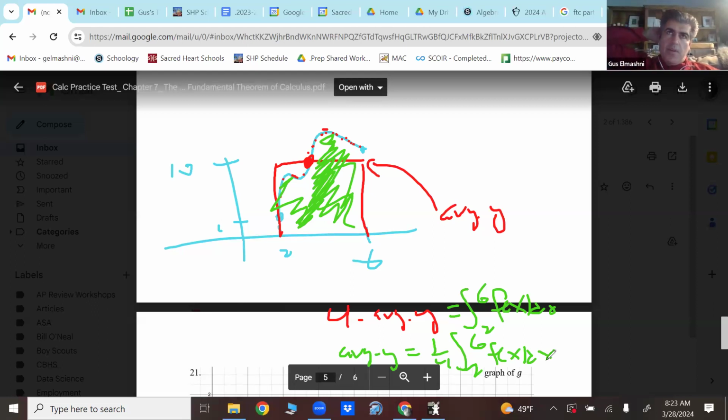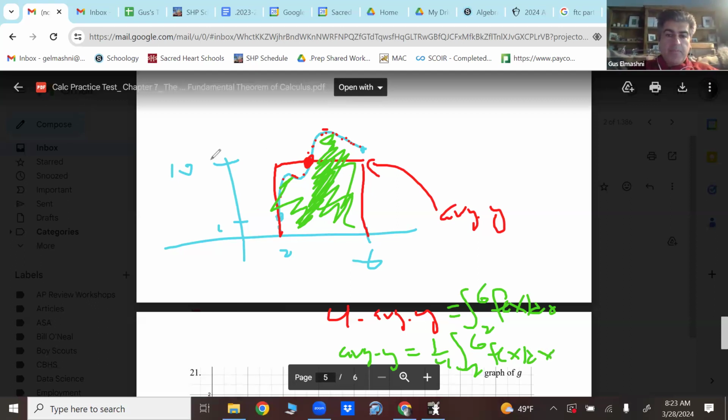So what you're trying to find is the average y coordinate. The problem is there's infinite points, but if you think of it in terms of area, there's going to be some rectangle I could draw where the height of the rectangle crosses the average y coordinate. The area of that rectangle equals the area between the curve and the x-axis. And the area between the curve and the x-axis, that's a definite integral, right?